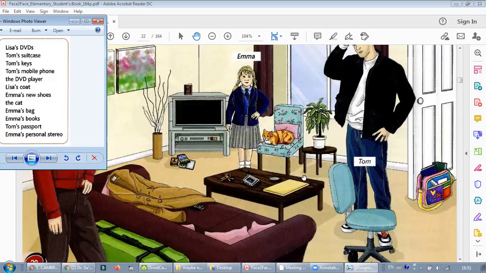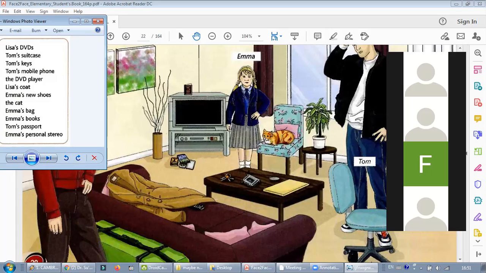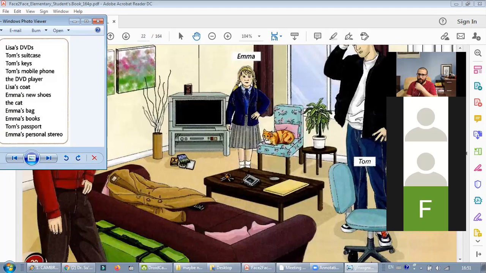Okay, that's good. What about Tom's suitcase, Manal? Tom's suitcase is behind the sofa. Okay. And what about Tom's keys, Media? Where are Tom's keys? On the table. Okay. On what kind of table is it?